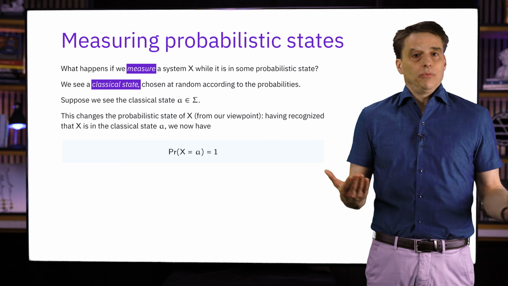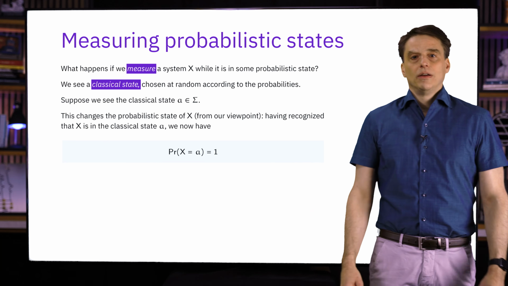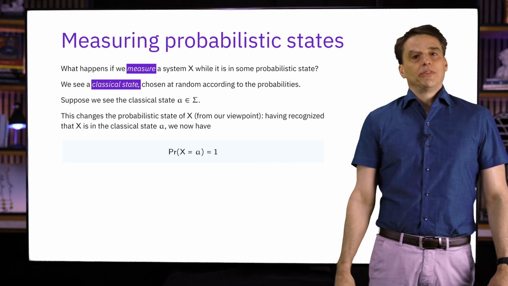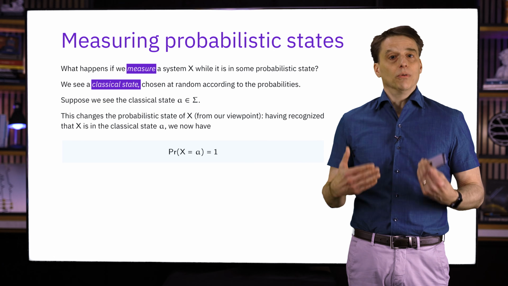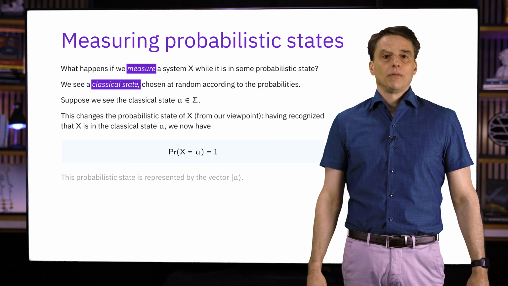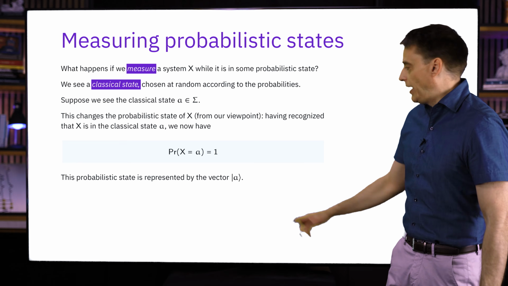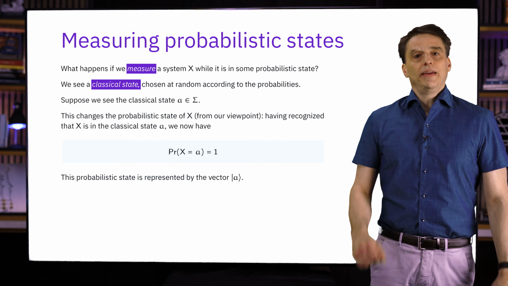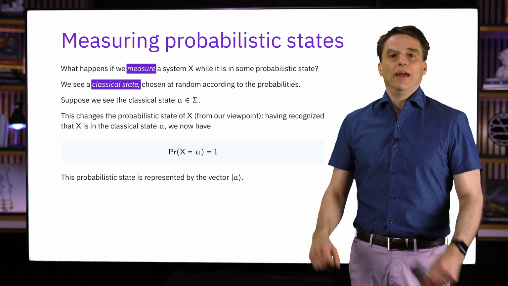We know this because we just looked at it and we saw that the classical state is A. So the new probabilistic state of X is one in which the probability of being in the classical state A is equal to 1, and that probabilistic state is represented by the probability vector ket A. We have a 1 in the entry corresponding to the classical state A and a 0 in all other entries.